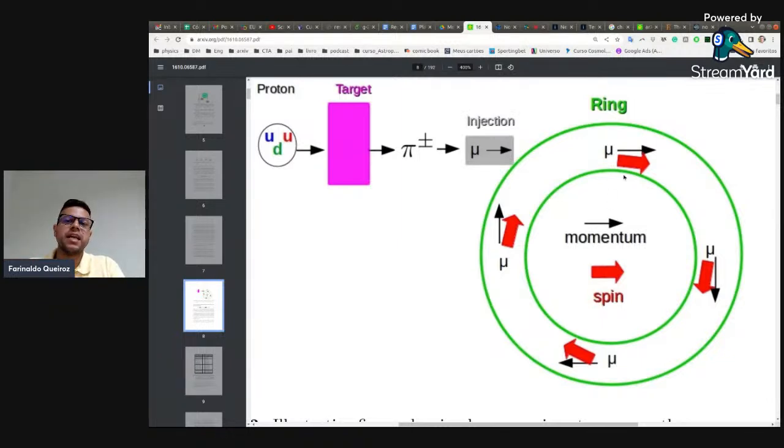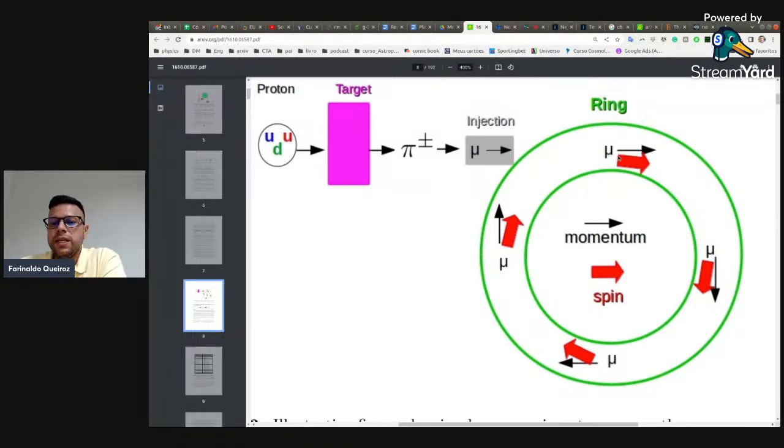And I have a magnetic field. When the muon enters the ring at the Fermilab G-2 experiment, the magnetic field is pointed in a direction perpendicular to the muon spin.